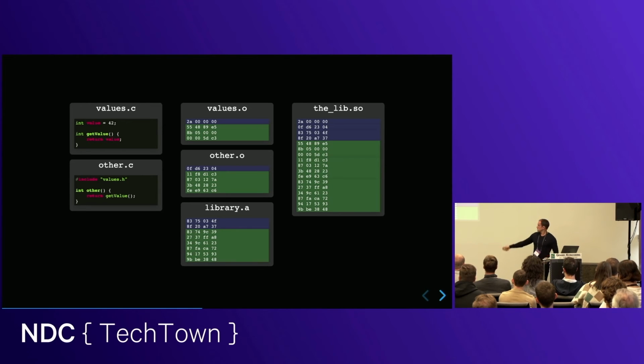Because there's probably a lot of stuff that goes into my SO, and then I have a little bit of an API surface that I want to allow my users to use. And most of my stuff is probably internal stuff that I don't want them to accidentally start using. If it's possible, even though it's not in a header file, someone is going to find out, oh, there's this function, it's very useful, I can use it, even though it's not in a header. And they're going to do it.